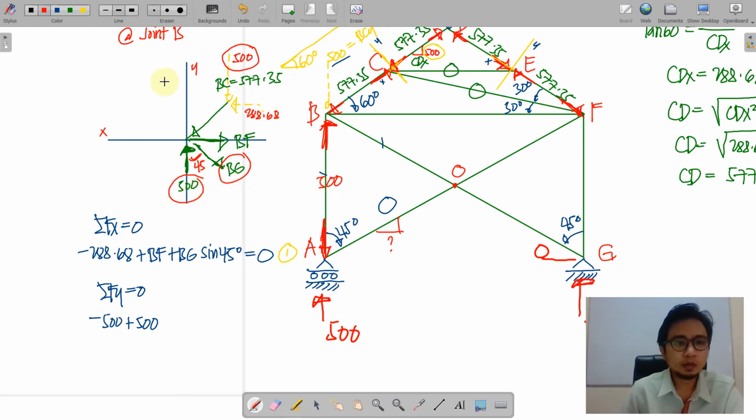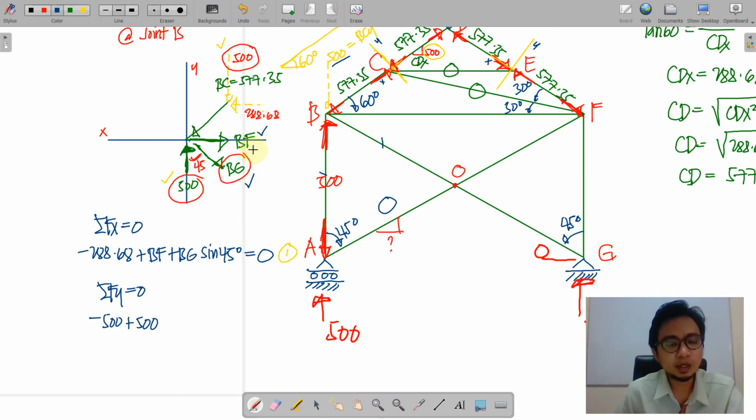So going back at joint B, we have said that we have already a balanced force by these two forces, the 500 here and the 500 above. The same question you might ask, what is left for this joint is BG and BF.